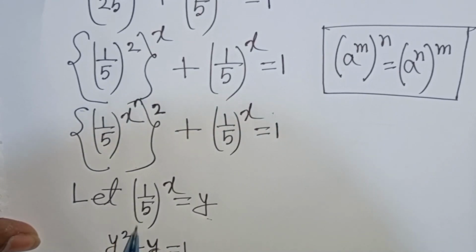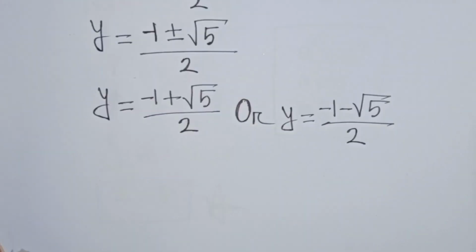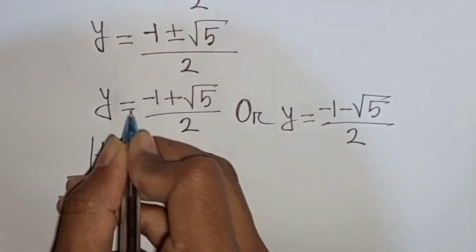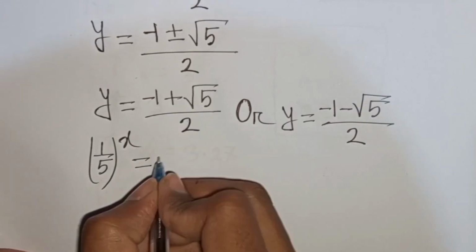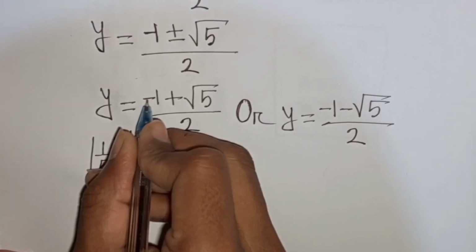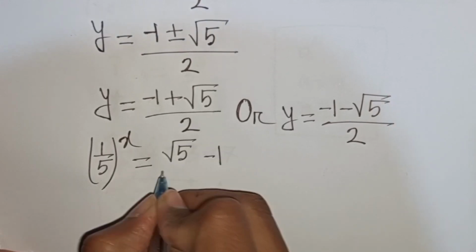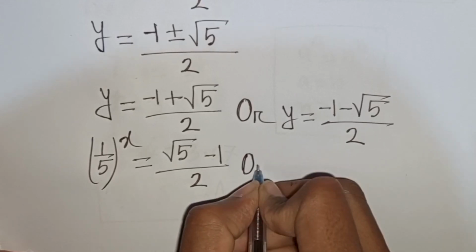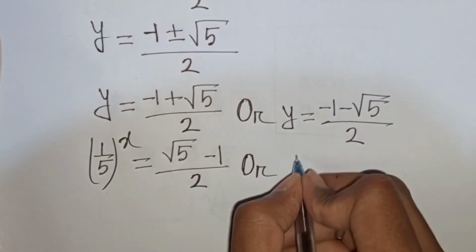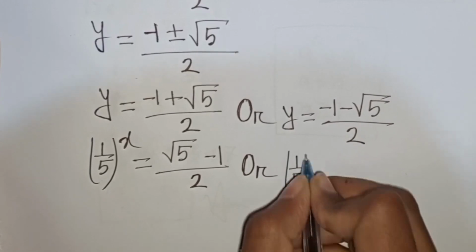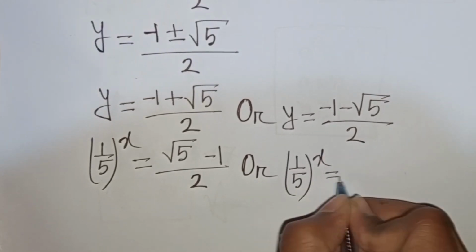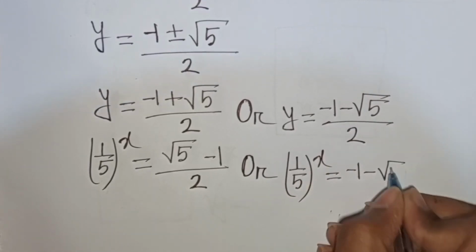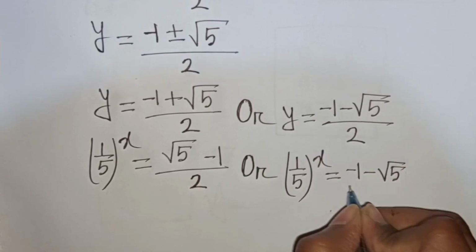So 1 by 5 bracket power x is equal to a square root of 5 minus 1 divided by 2, or 1 by 5 bracket power x is equal to minus 1 minus a square root of 5 divided by 2.